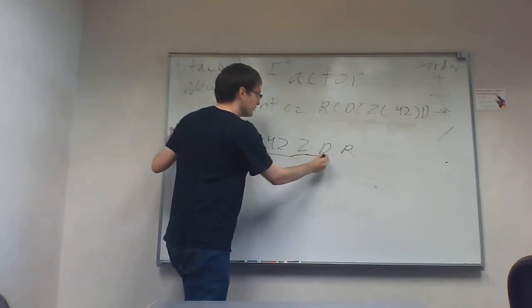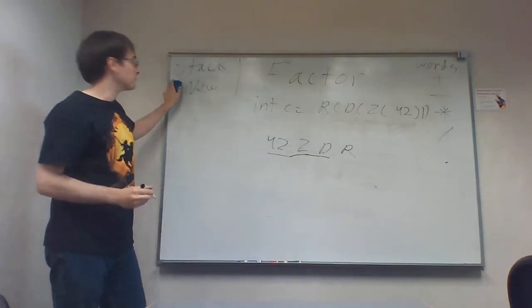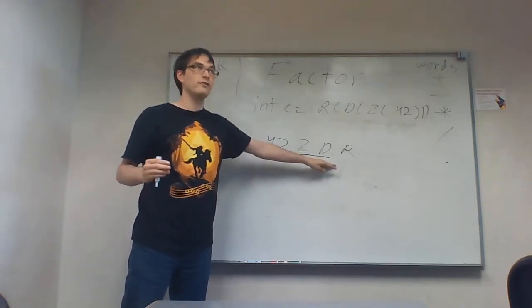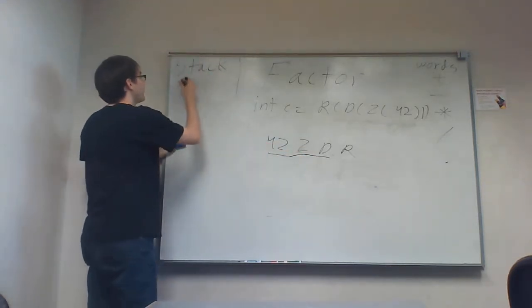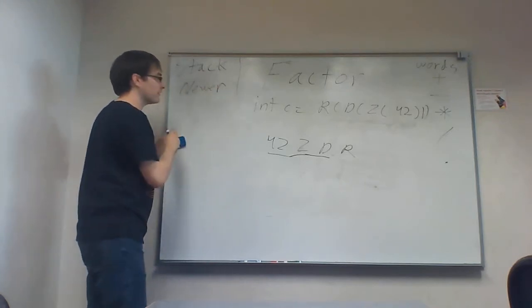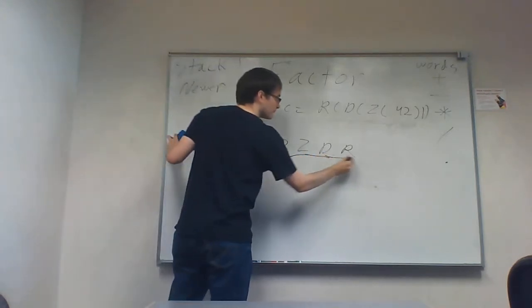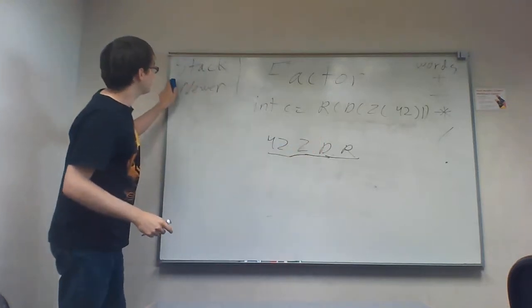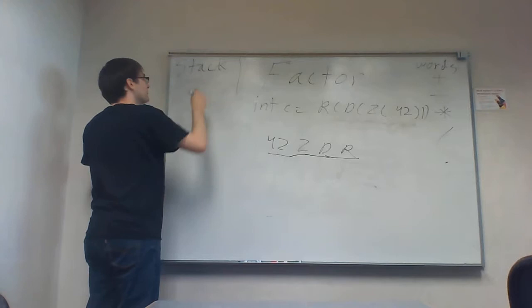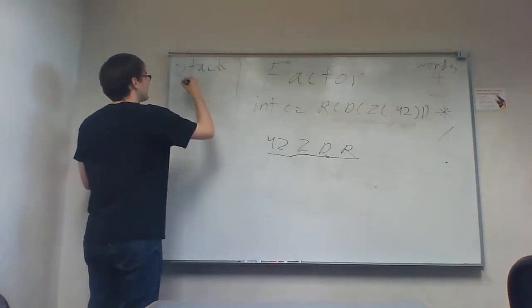And then d would take this new value, do its stuff on it, and then put a new value onto the stack. And then r would take this newer value and place its resulting value onto the stack.